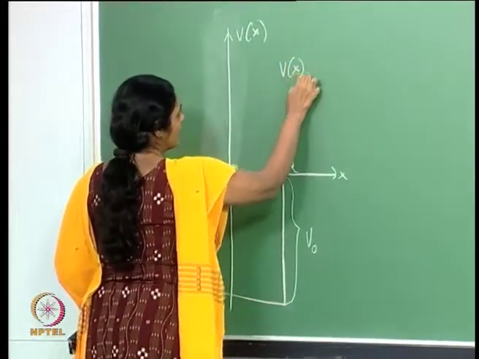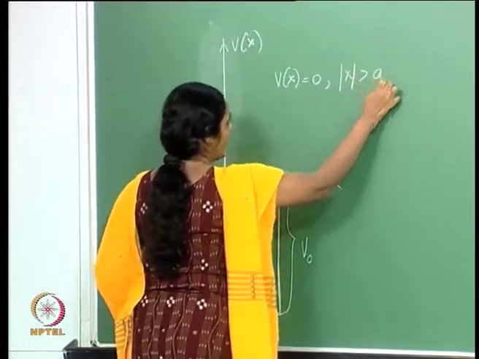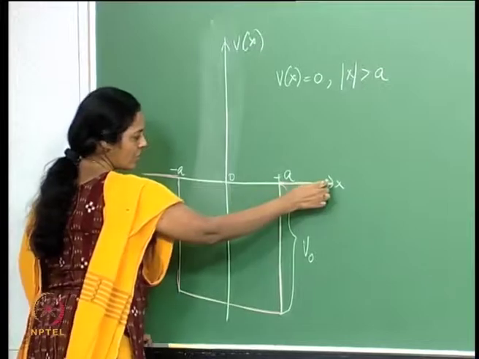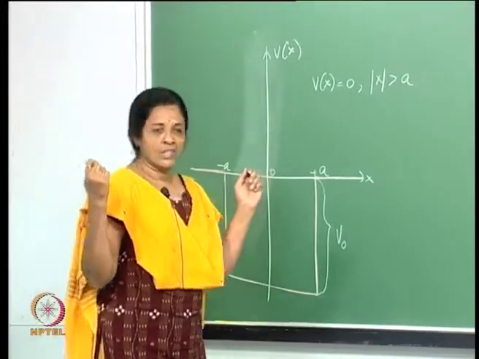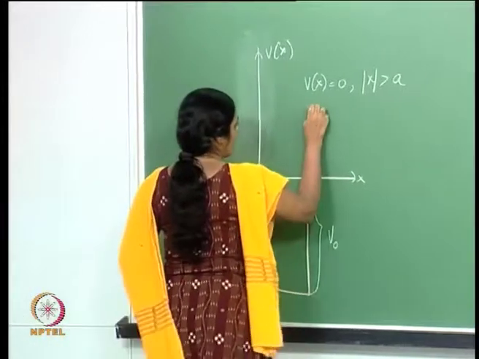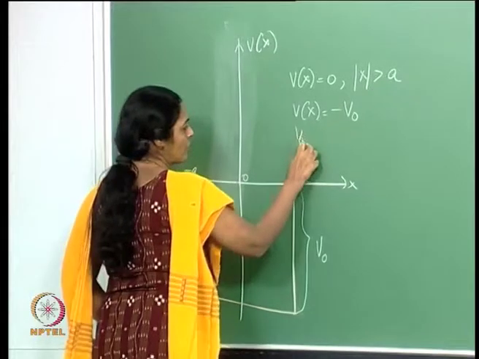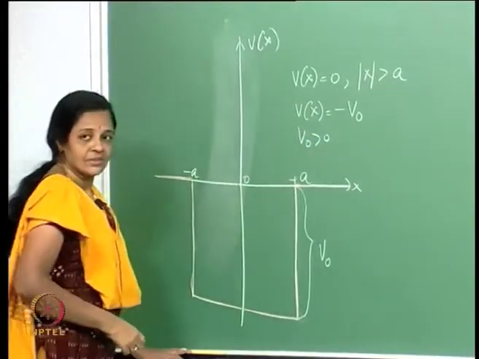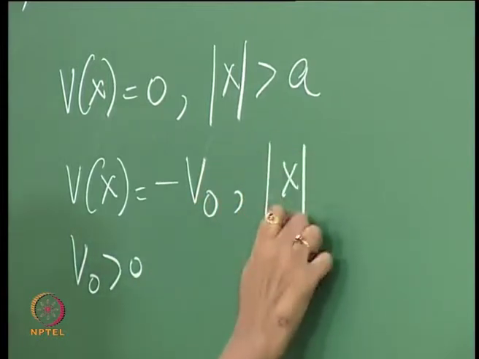V of x is 0 if mod x is greater than a. So out there and out there, all the way to infinity, V of x is 0, and V of x is minus V naught, where V naught is positive, for mod x less than a.